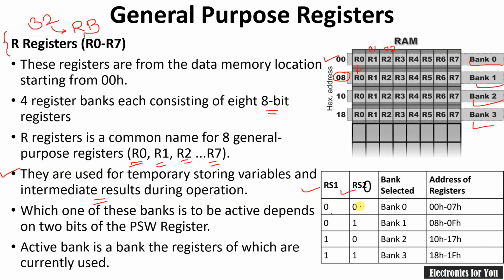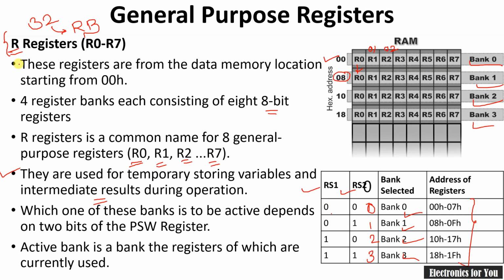The decimal value for 0 0 is 0, 0 1 is 1, 1 0 is 2, and the decimal value for 1 1 is 3. In this way, banks 0, 1, 2 and 3 can be accessed, and these are the address ranges for the general purpose registers. All these registers are basically known as R registers themselves.